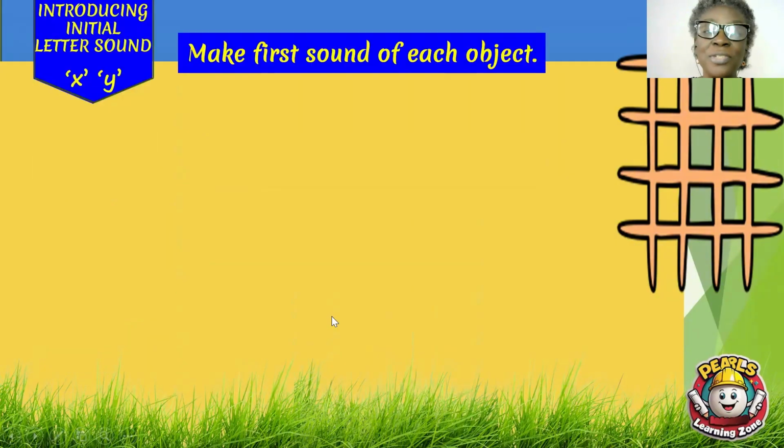Now, finally, let's go to the last part of today's lesson. We want to project some objects, and you will just tell me the initial letter sound. Let's see if you can remember what I have taught you. Okay?